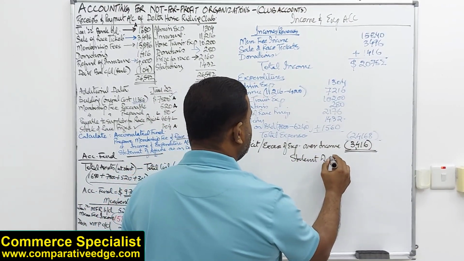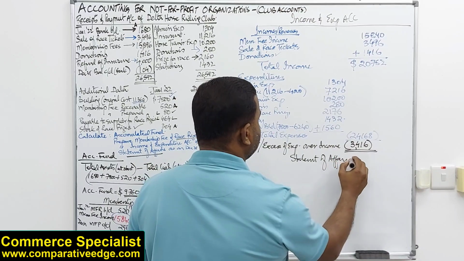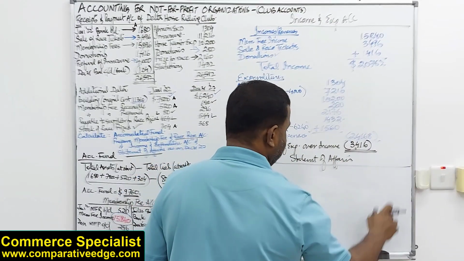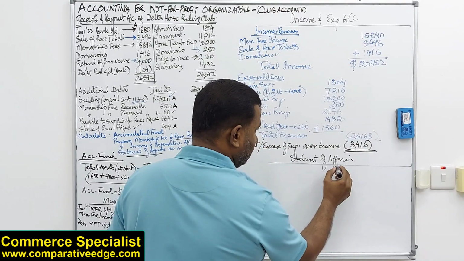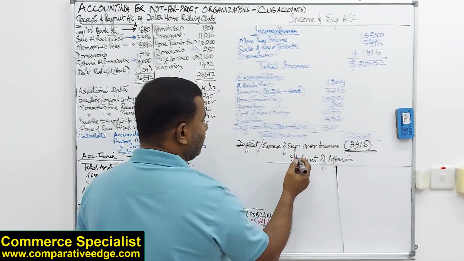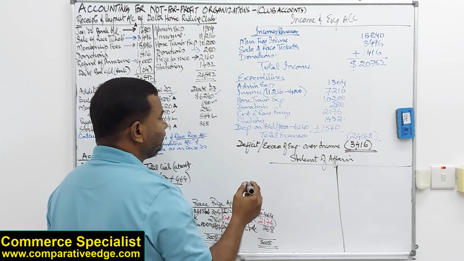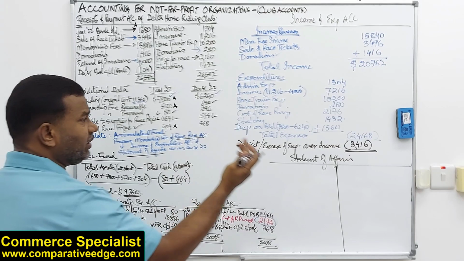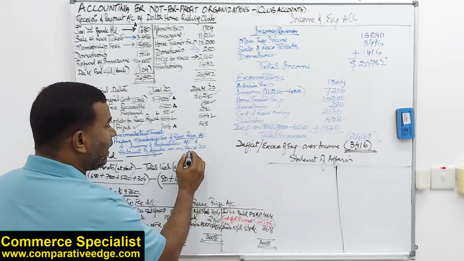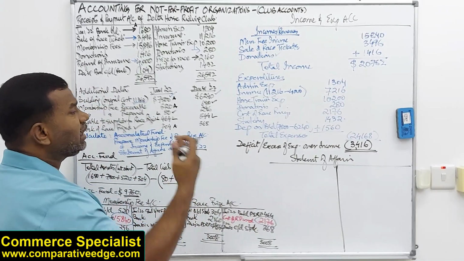Statement of affairs, which is actually the statement of financial position or balance sheet. Here I would start off with my assets. Since the statement of affairs is prepared on December 31st, I have to take closing assets.